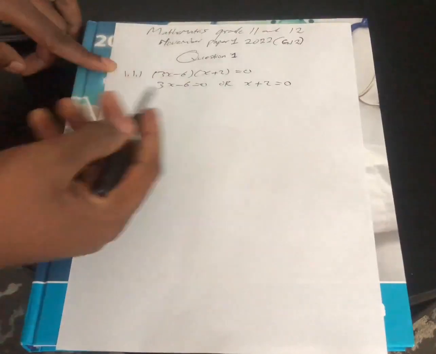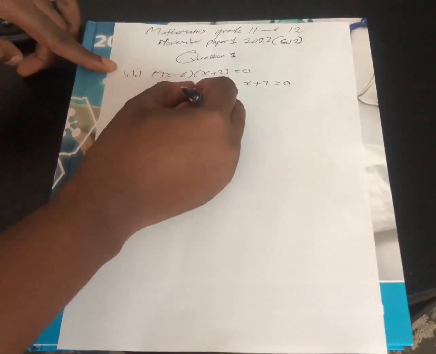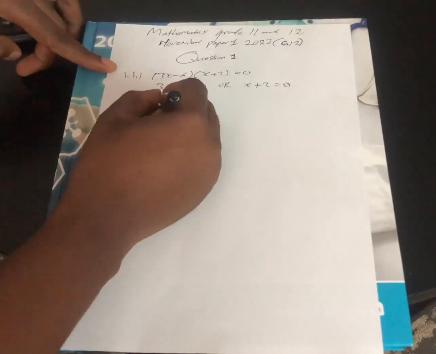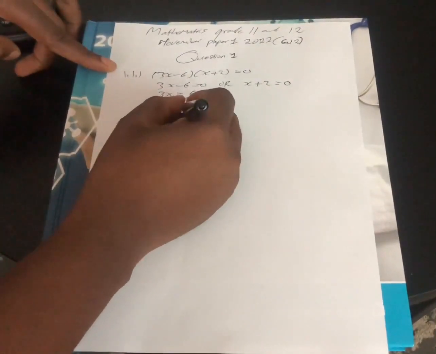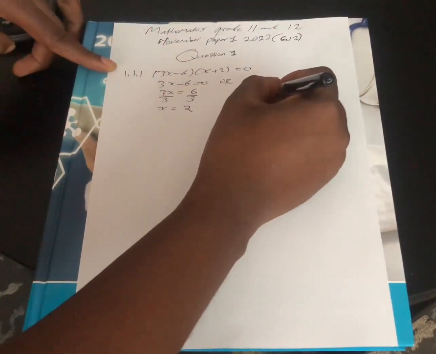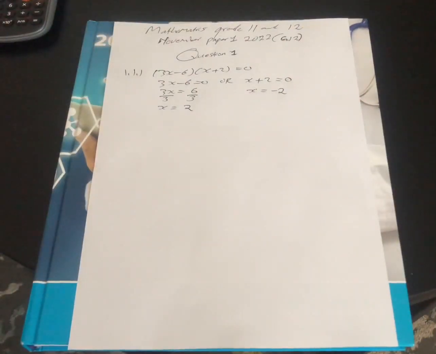Then you just transpose 6 to the other side. You are going to remain with 3x = 6. Then obviously you are going to divide everything by 3. Then x is now going to be 2. The other side, you just transpose 2 to the other side to be negative 2. So these are your two solutions.